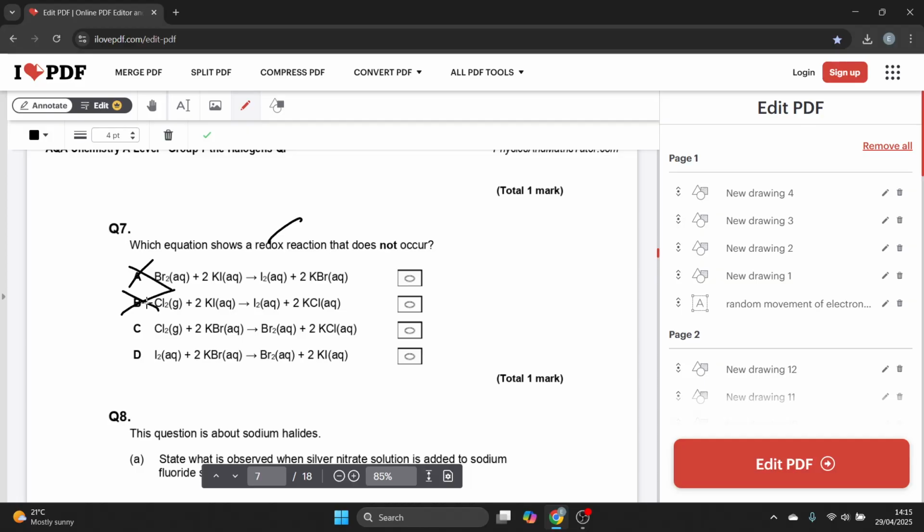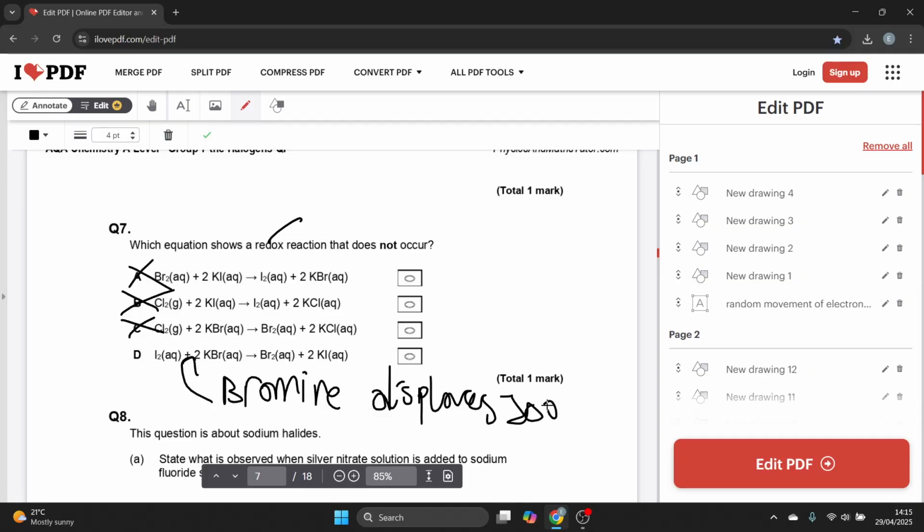Bromine and chlorine: bromine is further down group 7 than chlorine, so it can occur. For iodine and bromine, this says bromine displaces iodine, which cannot be true because iodine is further down group 7 than bromine. It should be iodine displacing bromine, so that cannot occur.